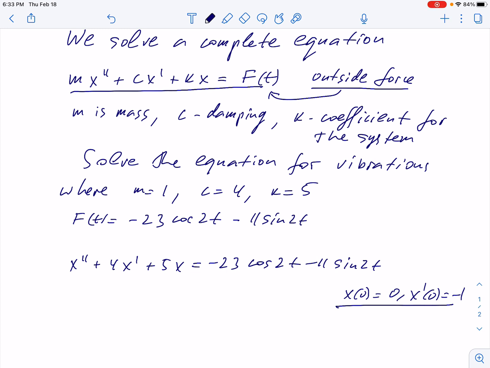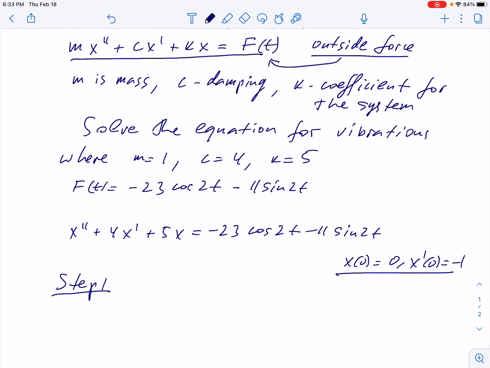Now, to solve this equation, as you know, we follow certain steps. So here is step 1. We solve the homogeneous equation: x double prime plus 4x prime plus 5x equals 0.